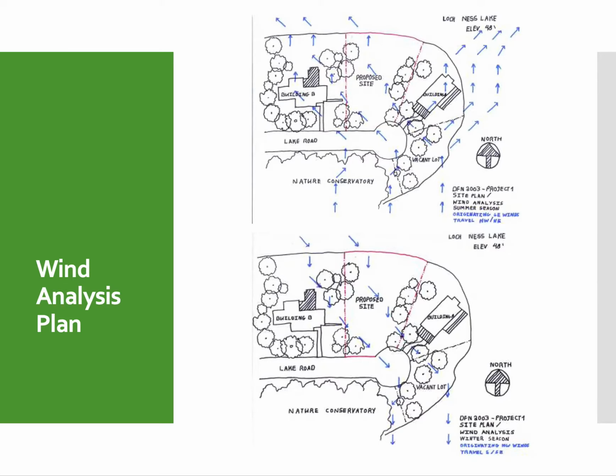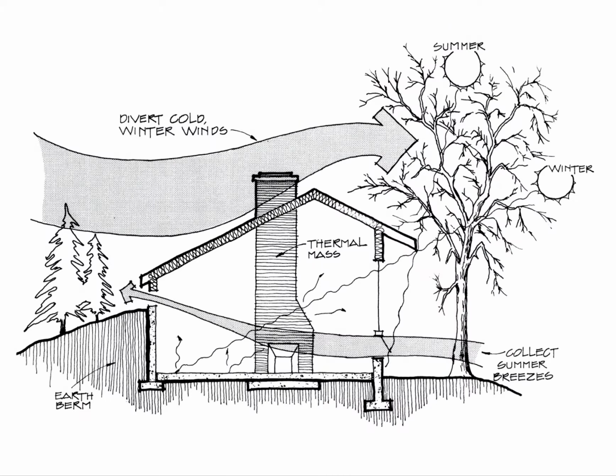And so you can do a wind analysis plan. And obviously, the main to consider are summer solstice and winter solstice, because those are your extremes. And so if you can design for those two extremes in mind, you'll meet the range that's in between. And here's an example. Site section through this building shows, okay, so here's my summer sun, and this is a deciduous tree planted near my house, so that it blocks, because it's going to have leaves, it's going to block.